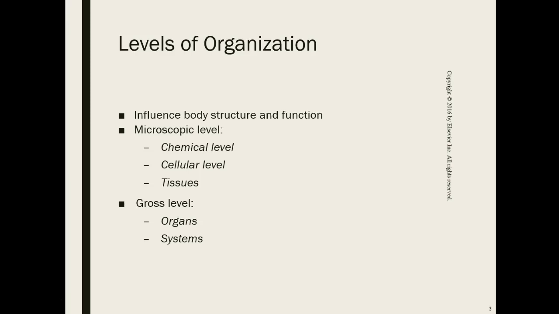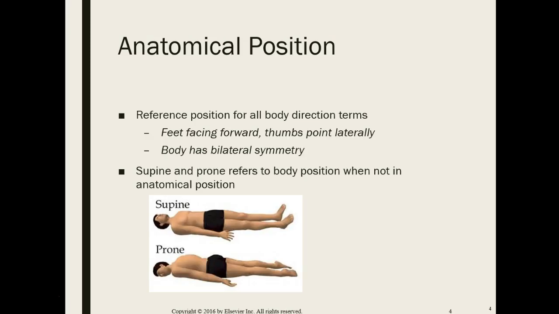We start with the chemical level, then we build into the cellular level. The grouping of those cells is what creates our tissues. Once those tissues work together, they create our organs, and then the organs as a whole create the systems. Just keep in mind that it's a revolving process. They all build on each other.